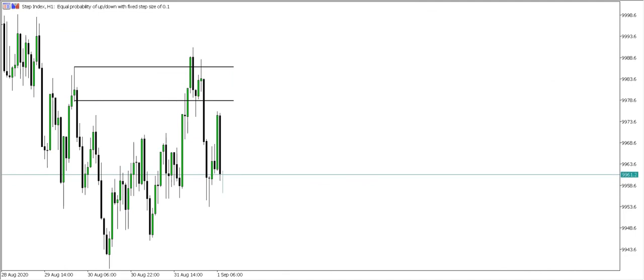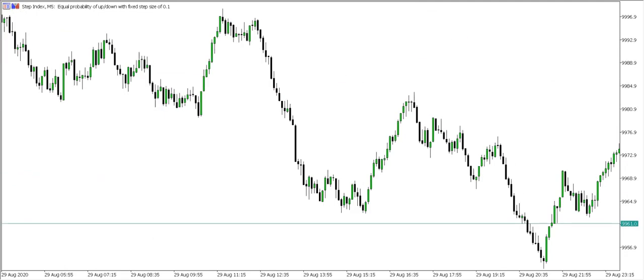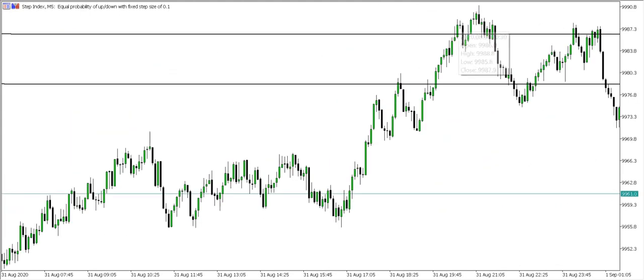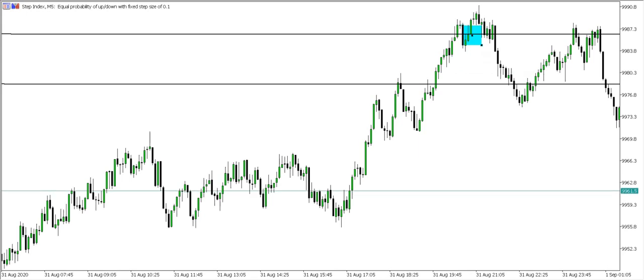So we have the market pushing up, creating an order block right here, and it didn't break the market structure. It pushed up higher, creating this order block which is responsible for this push up. It didn't actually break it, then it pushed higher.